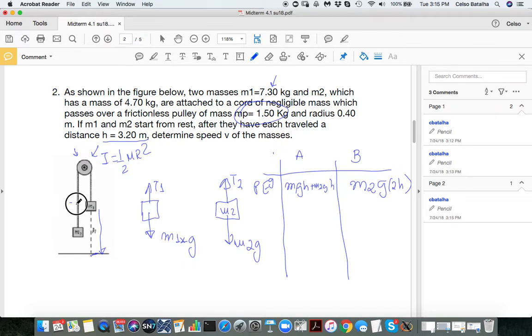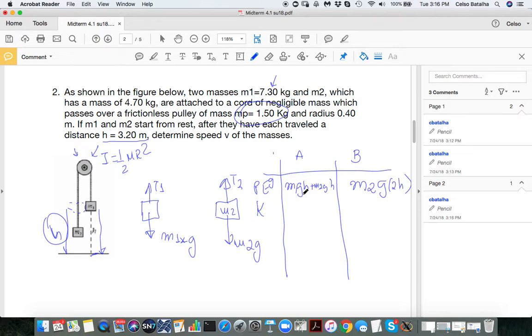And assume the M2 was there at a height h2. So once this M1 goes down, M2 goes up the same distance h. And as a result, M2 becomes 2h above the floor. So that solves gravitational potential energy. Okay. Now, how about kinetic energy?